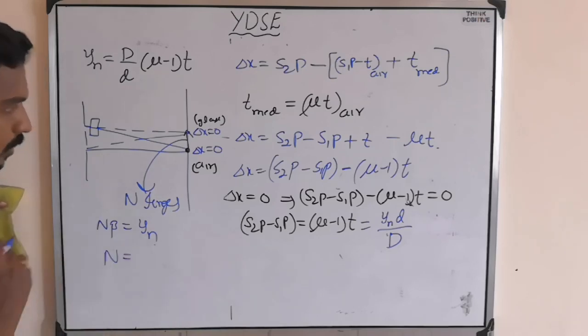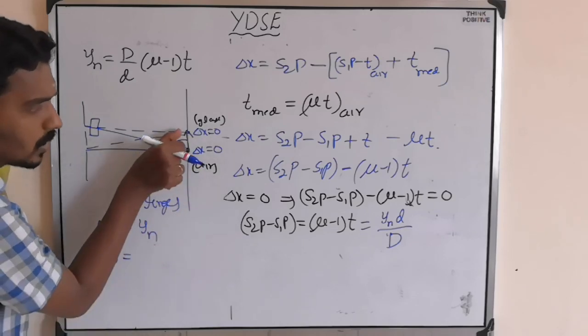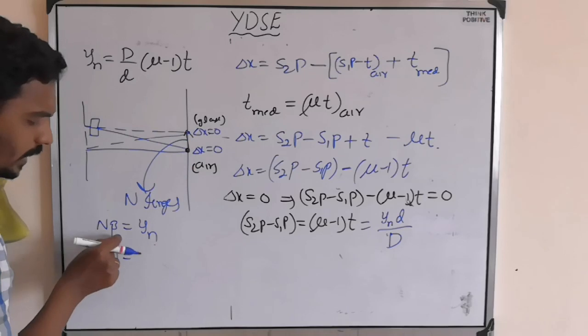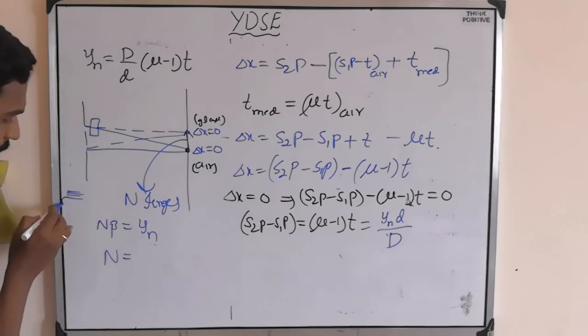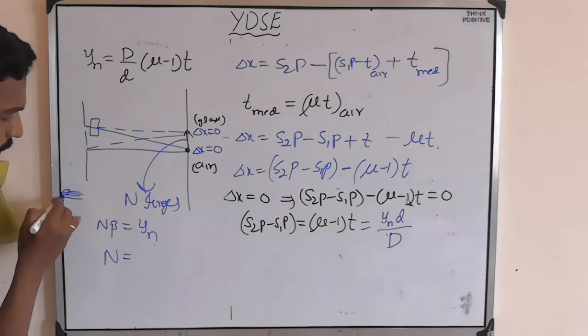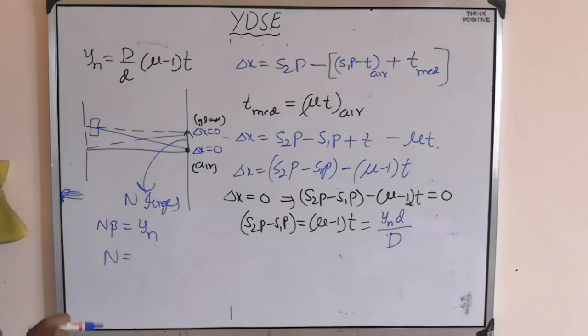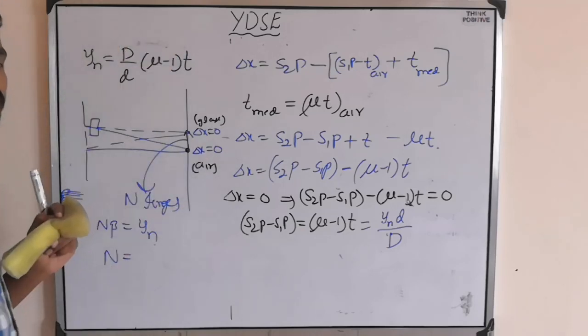Because one fringe width is beta. Here within this distance, n fringes are there, means what is the total distance? N into beta. So 1 is beta, 2 is 2 beta, 3 beta, 4 beta, and so on. N are there, n beta, that is equal to Yn. That means these many fringes got shifted.